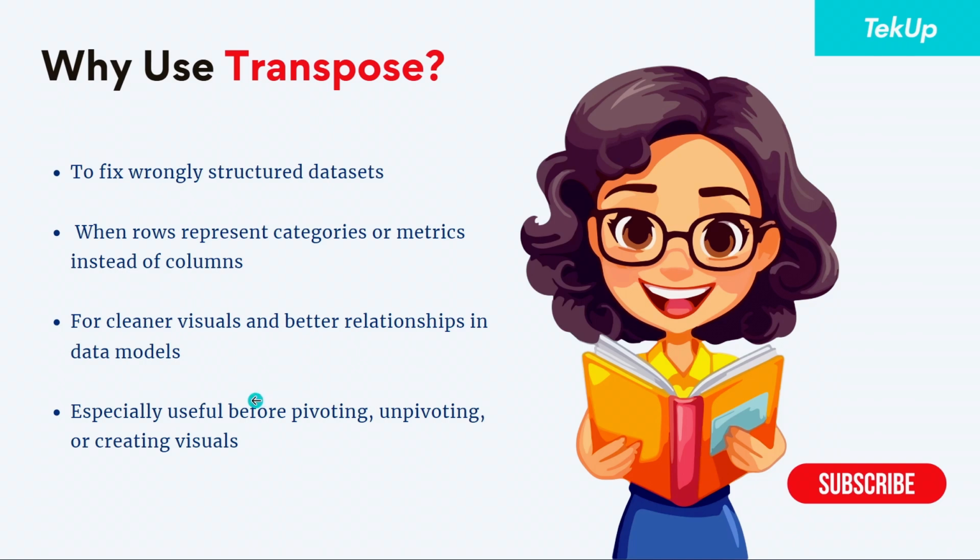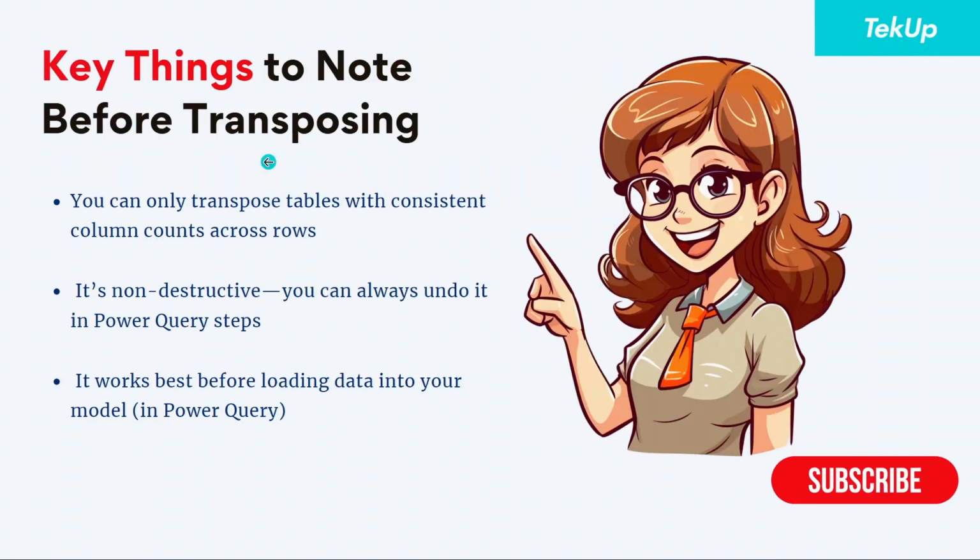Now, I'm going to create another video where I'll be talking about pivoting and unpivoting in Power BI. There are key things you need to note before transposing. Number one, you can only transpose a table with consistent column counts across rows. Number two, transpose is non-destructive.